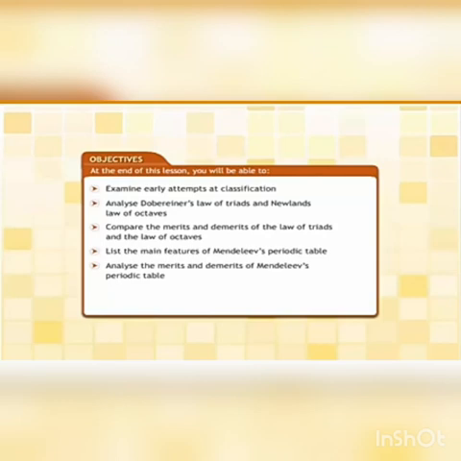At the end of this lesson, you will be able to examine early attempts at classification, analyze Dobereiner's law of triads and Newlands' law of octaves, compare the merits and demerits of the law of triads and the law of octaves, list the main features of Mendeleev's periodic table, and analyze the merits and demerits of Mendeleev's periodic table.